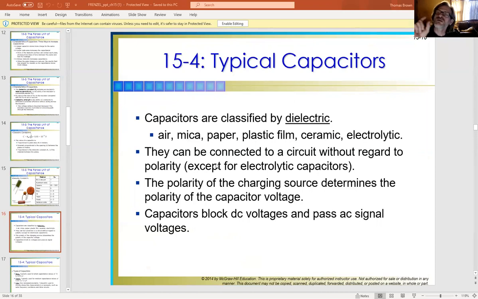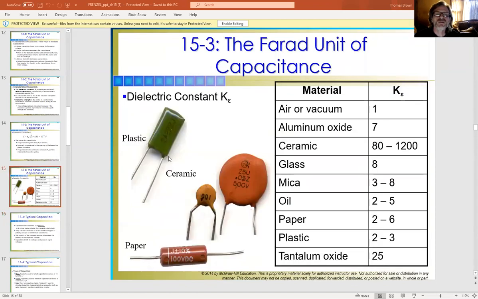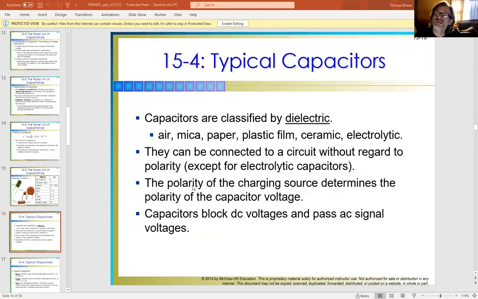All these other styles like this are not polarity sensitive. It can go either way. It doesn't matter. But see on this bottom one, you've got a plus side to it. That one is important as far as polarity. If you reverse it, well, it just depends on how large it is and what kind of voltage potential we're hitting it with.